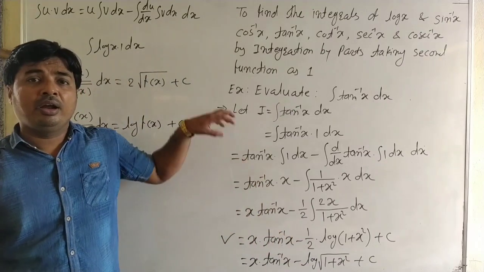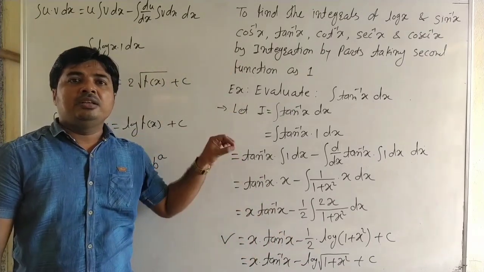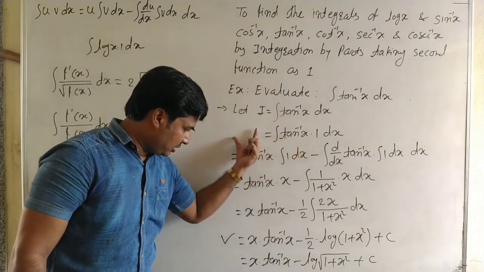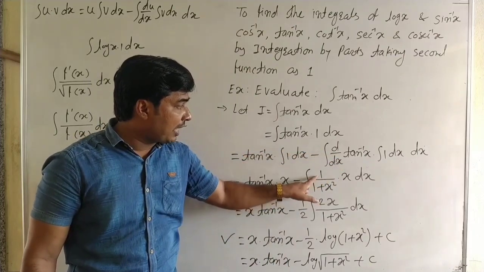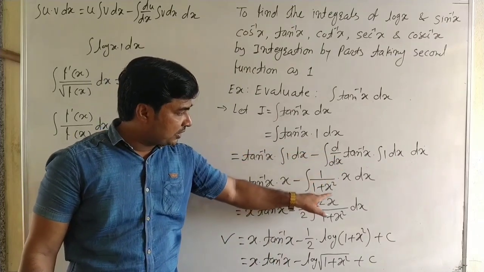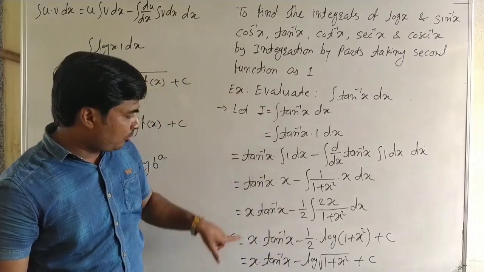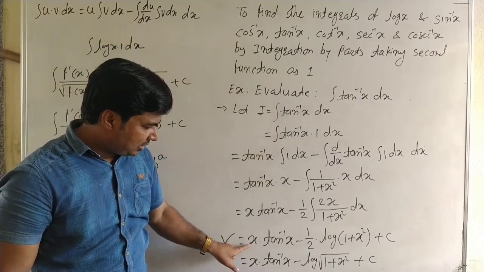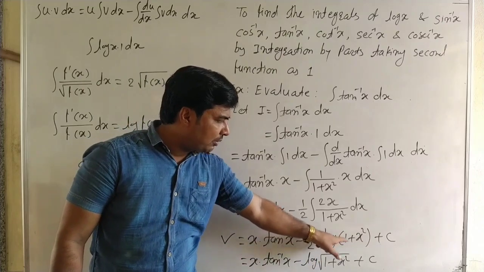It is the integral of tan inverse x, and similarly the integral of cot inverse x. Here, when it is cot inverse, the derivative of cot inverse is minus 1 upon 1 plus x square, so it becomes a plus. That means the integral of cot inverse x, remember it, is x into cot inverse x plus 1 by 2 log of 1 plus x square.